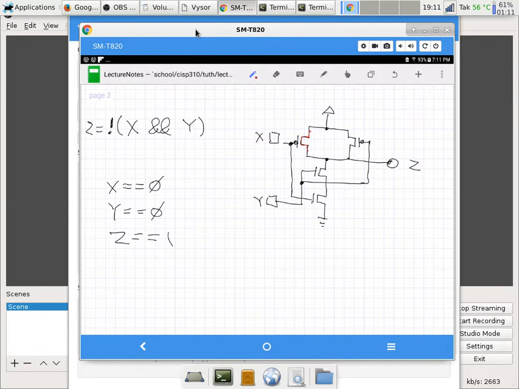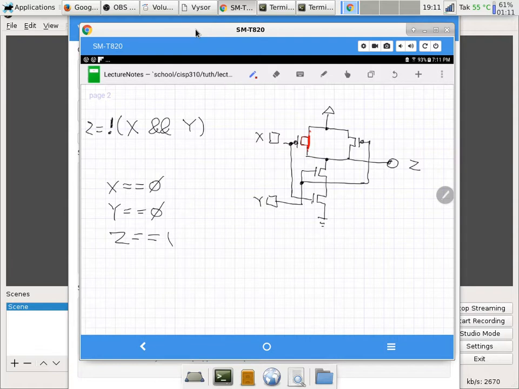If the input is low or 0, then it's on. But right here, I'm saying both inputs are low. So X connects straight to this one, and it is low, and therefore the device is on. If the device is on, it is connecting. So I'm going to draw a solid bar here to represent this transistor is on.